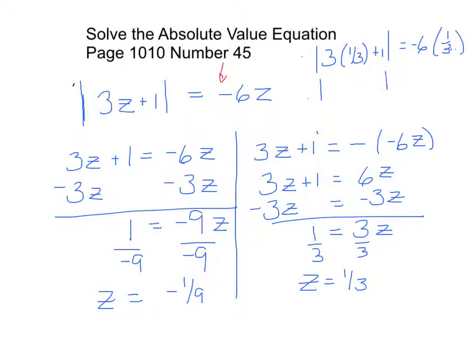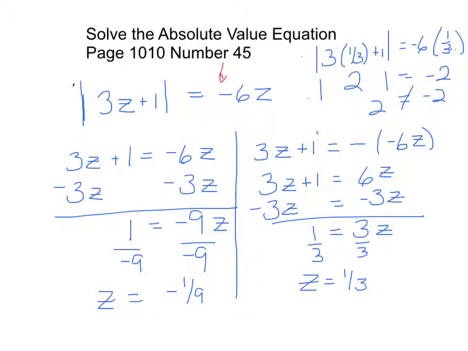Now, absolute value of 3 times 1/3 is 1. 1 plus 1 is 2, equals negative 2. And then there's a problem, because positive 2 can never equal negative 2. So that answer does not check.